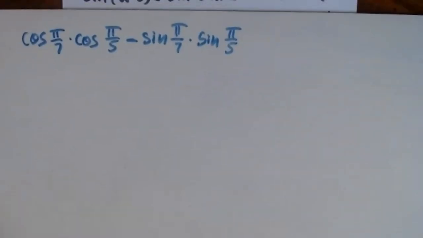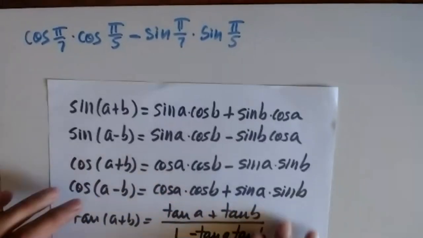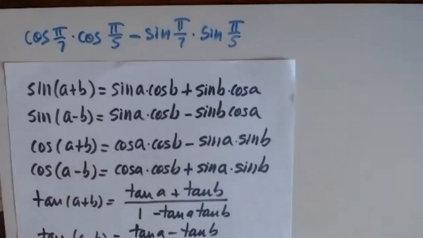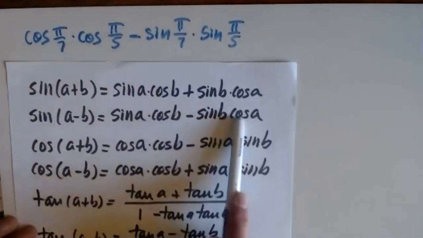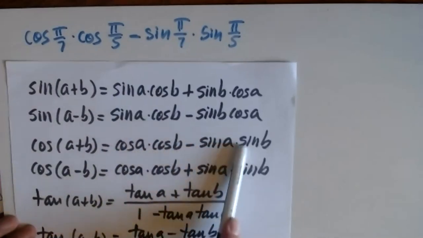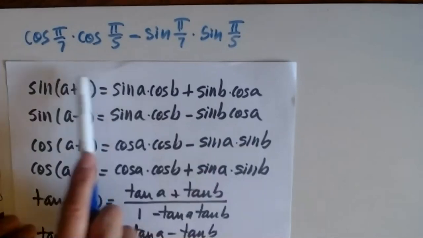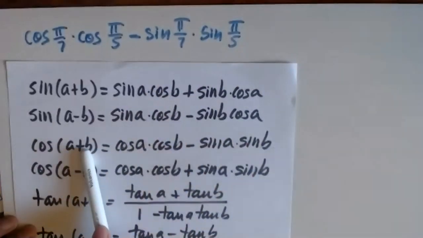This looks horrible, but no problem, because you have to look at which formula looks like the thing you have in front of you. You see cosine, cosine, minus sine, sine. This portion looks like the formula, and I know that this long thing is just this one.